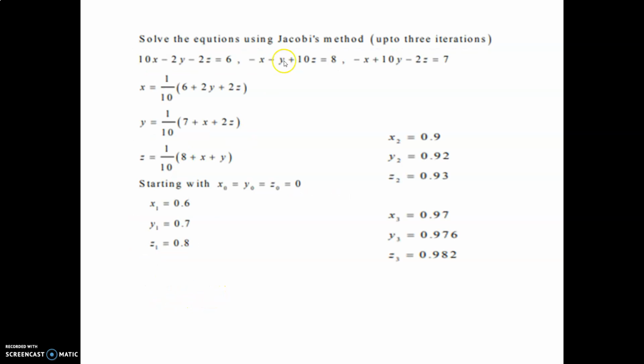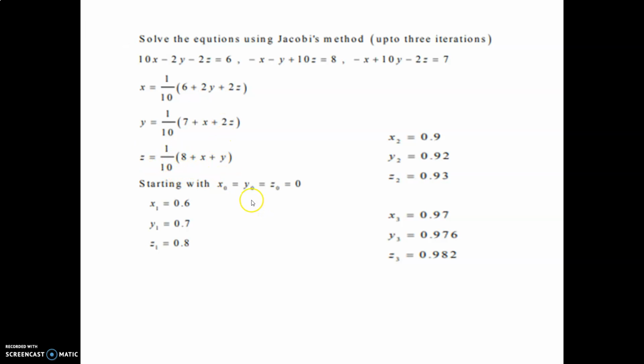Solve the equations using Jacobi's method up to 3 iterations: 10x minus 2y minus 2z equal to 6, minus x minus y minus 10z is equal to 8, minus x plus 10y minus 2z equal to 7. x is equal to 1 upon 10 (6 plus 2y plus 2z), y is 1 upon 10 (7 plus x plus 2z), z is 1 upon 10 (8 plus x plus y).